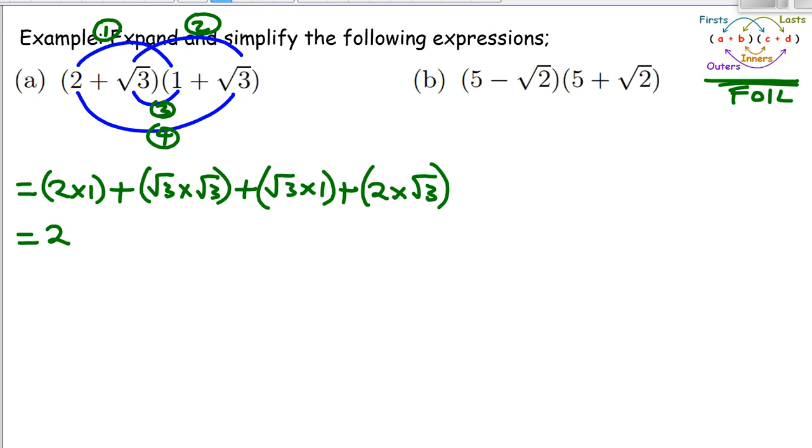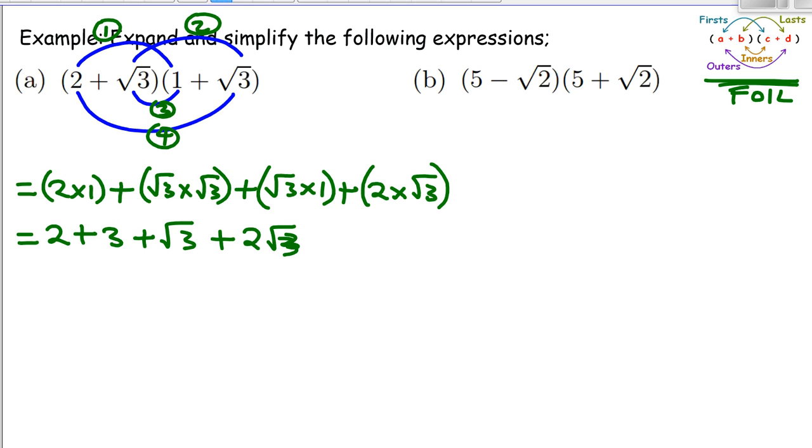Remember what I said, if you have square root of a multiplied by square root of a, you just get a. So square root of 3 multiplied by square root of 3 will be 3. So plus 3, and then plus root 3 multiplied by 1 is just root 3. And the last one, 2 multiplied by root 3, will just be 2 root 3.